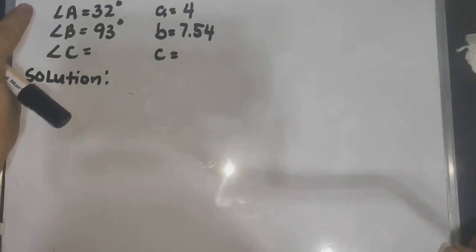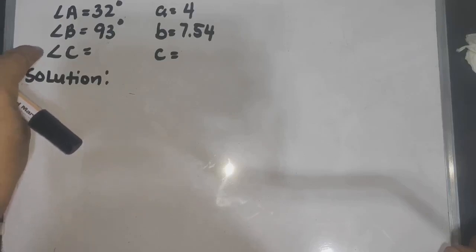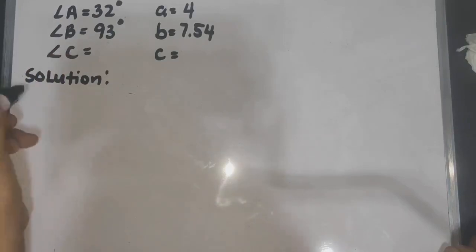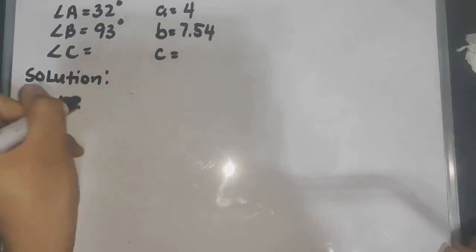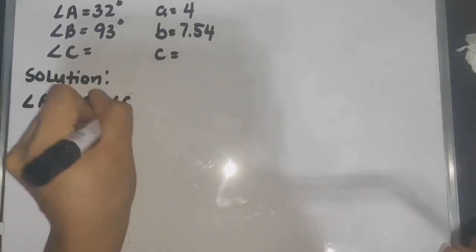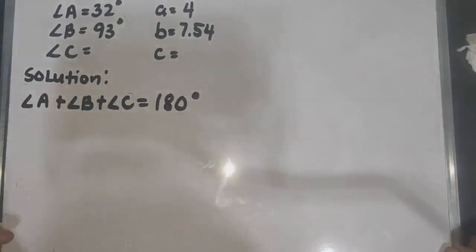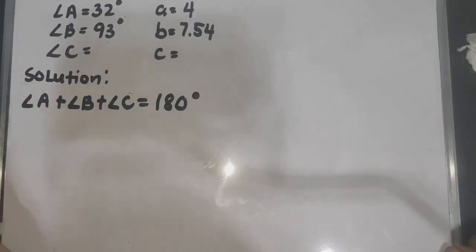So napapansin natin na dalawa na yung given angle natin, isa na lang yung nawawalang angle, which is angle C. So ang gagawin natin kapag isang angle na lang yung nawawala is i-add natin yung tatlo, angle A plus angle B plus angle C is equal to 180 degrees. Tulad ng sabi ko dun sa una kong example, kapag inadd natin yung tatlong angle ng isang triangle, so kahit anumang type ng triangle yan, it is always equal to 180 degrees.